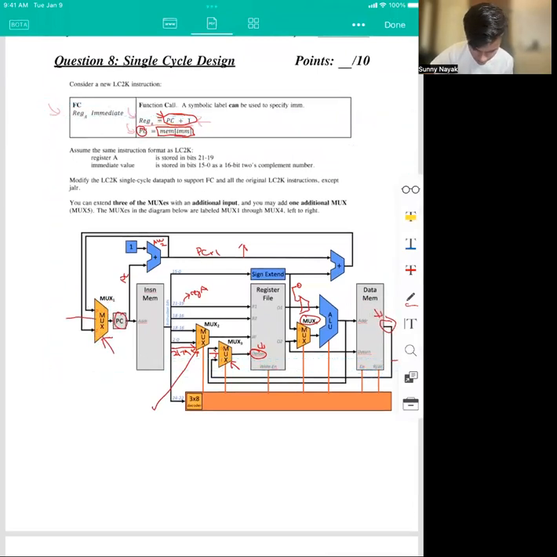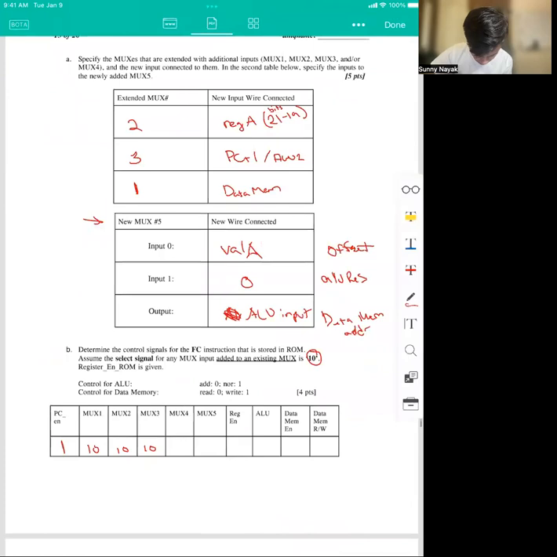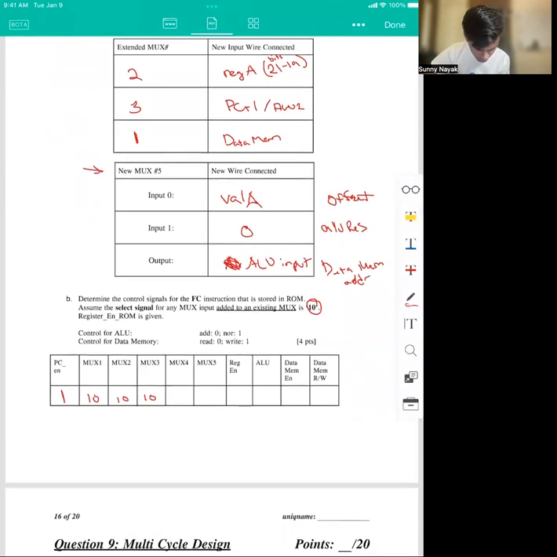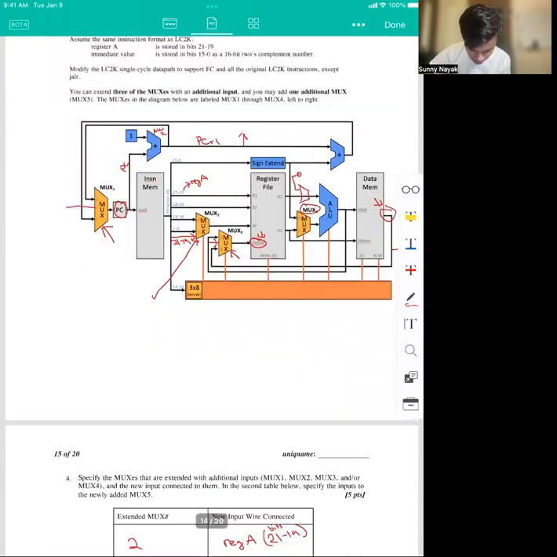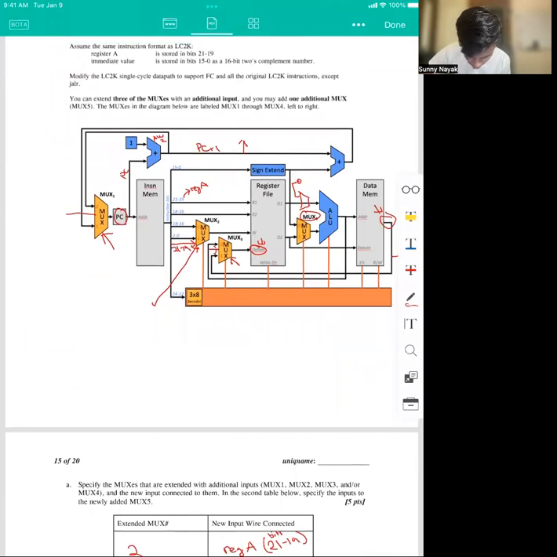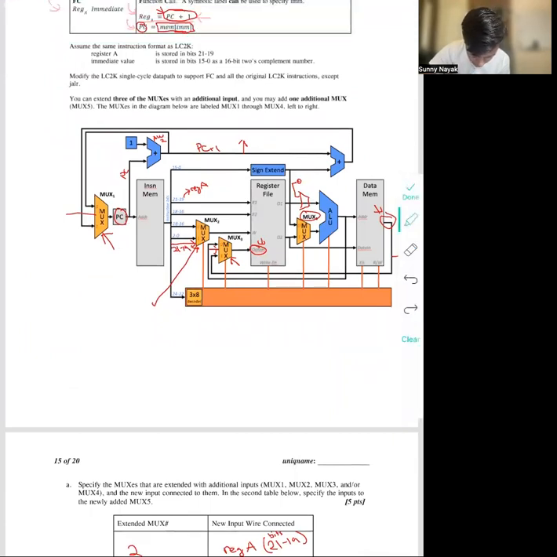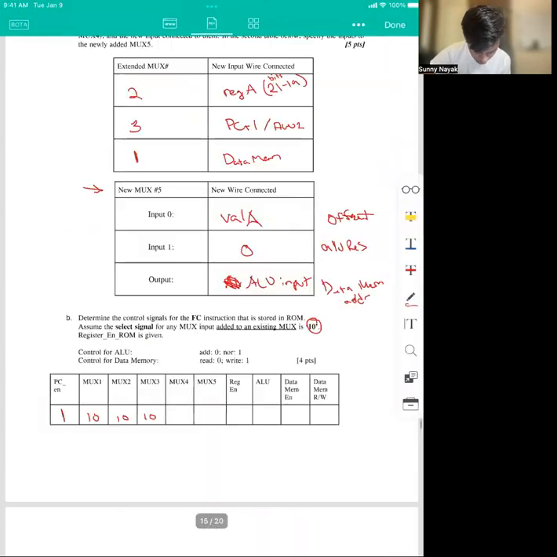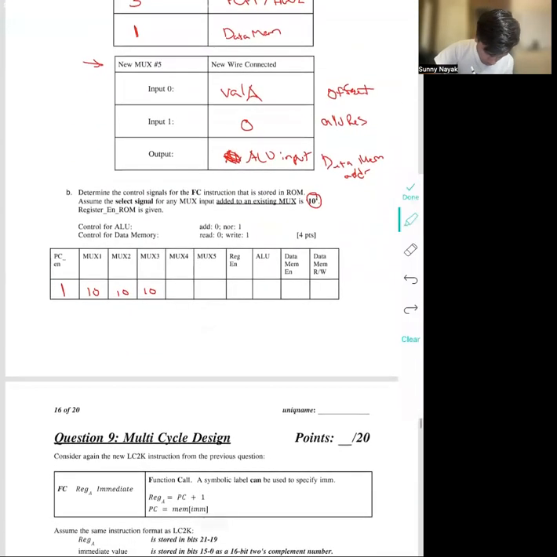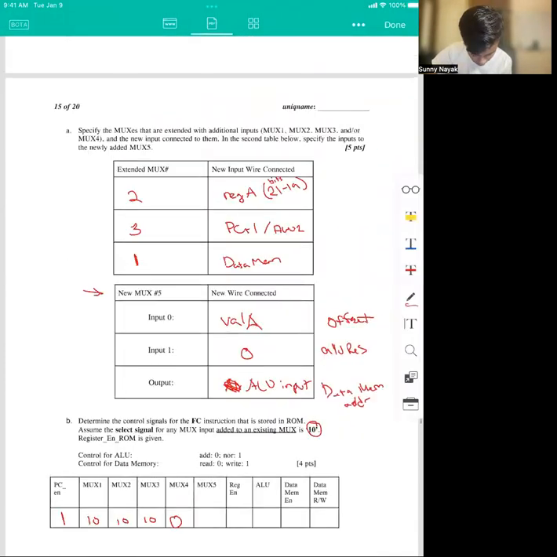Okay, so we're going to go with this solution. And so in which case we need to choose the offset as the input to the ALU. So we want that value there. So we want a 0 as the input for mux4, because that'll give us the offset on one side.